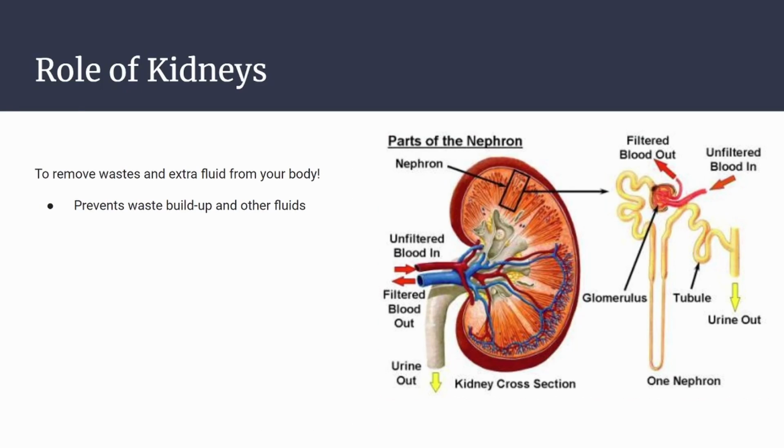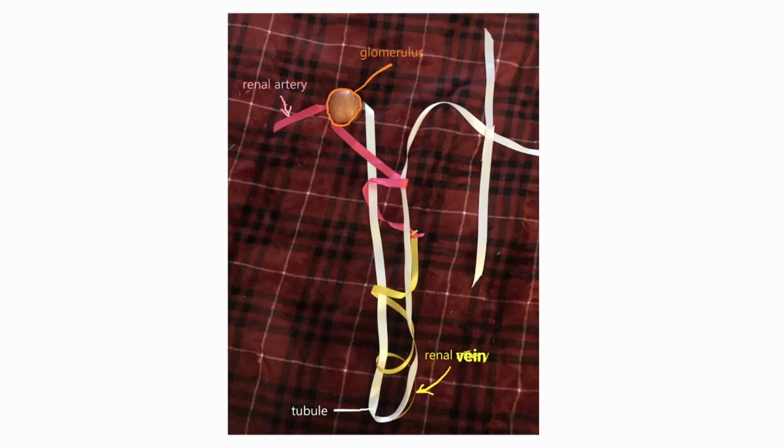Here's a clearer picture of the model that we made. And on the next slide right over here, it is a model of a nephron. The blood pumped by the heart enters the kidneys through the renal arteries, which in our model is the pink ribbon.